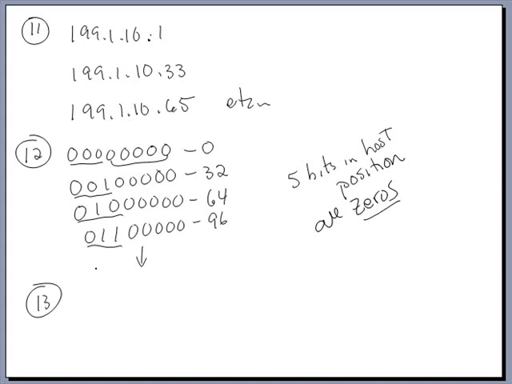The easiest way to do this is to realize that a 32 is 1, 0, 0, 0, 0, 0. So a 31 is 1 less. So everything over here is a 1. So it's 5 ones. So it's going to be 3 zeros and 5 ones. That's going to be my 31.